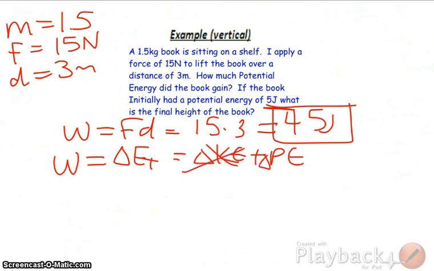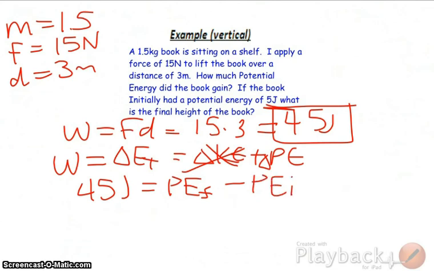Kinetic didn't change, so 45 joules equals your change in potential. Now, change is final minus initial. So if it initially had 5 joules of potential energy, so we know our initial, so we know 45 equals mg hf minus 5.